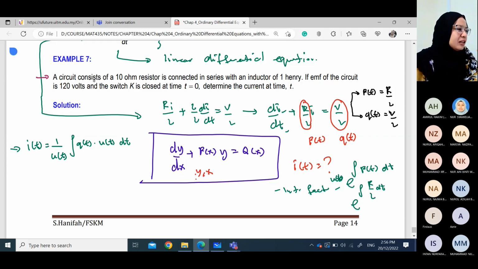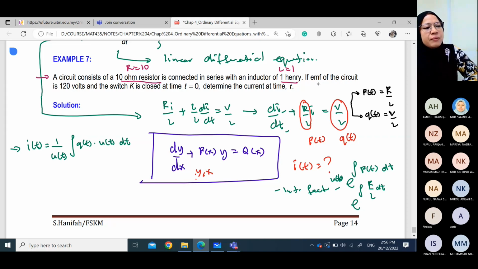Okay, so a circuit consists of 10 ohm resistor. So 10 ohm resistor, so this means that R equal to 10. Okay, it's connected in series with an inductor of 1 Henry. So this one is our L. L equals to 1. So if EMF of the circuit, so EMF apa dia?